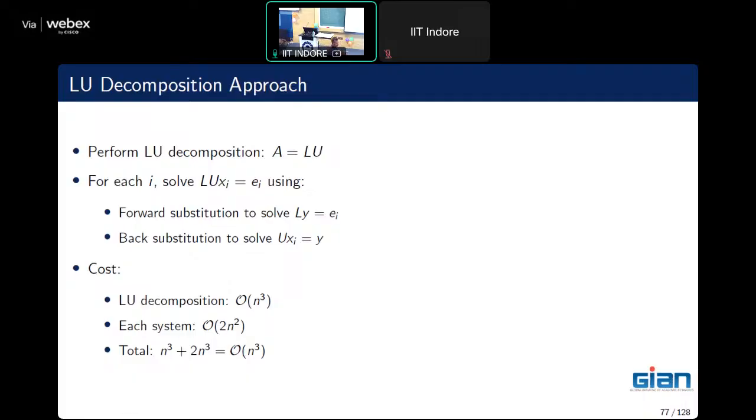Xi is a vector, A is a matrix, Ei is a vector. So if you use the LU decomposition, solving Axi equal to Ei for each i takes about n squared. So A inverse takes about n cubed flops.